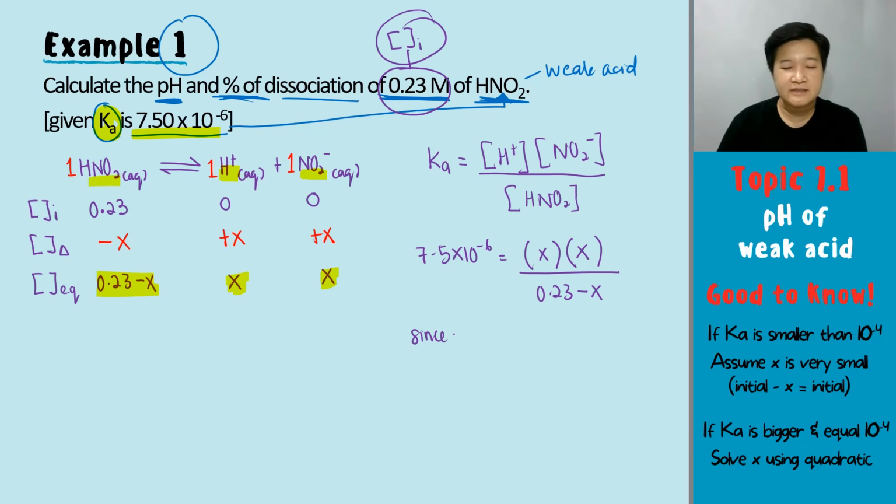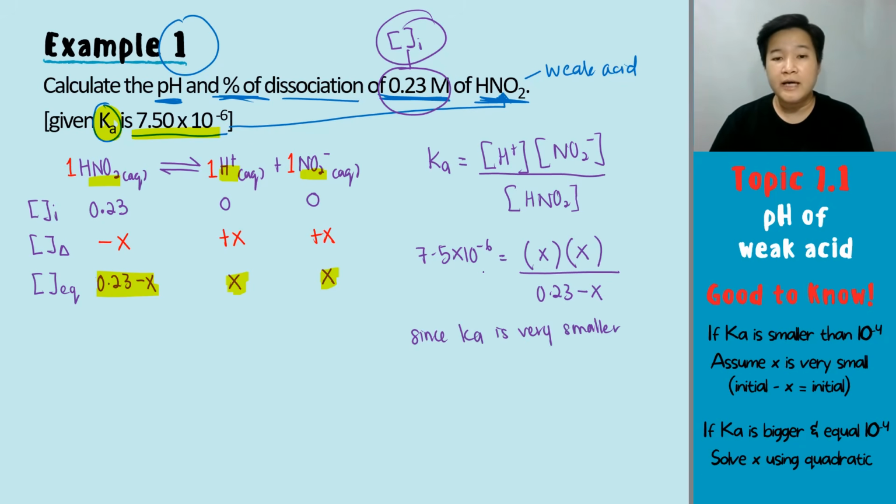And since the Ka value given is very small, times 10 to the power of negative 6, which is very small. Bear that in mind, if your Ka is smaller than times 10 to the power of negative 4, we can assume the X is very small. So we will assume X is very small.